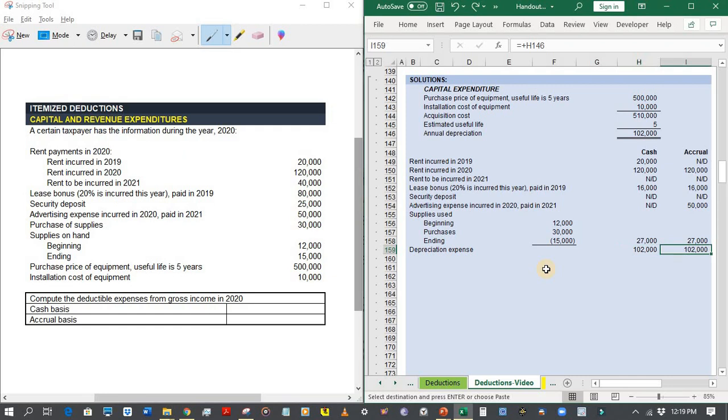Now let us compute the total itemized deductions. If the taxpayer uses the cash method, the total itemized deductions that will be deducted from the gross income is 285,000, while under the accrual method, the amount of deductions is 315,000 pesos. So this is our discussion on the differences between capital and revenue expenditures and the use of cash basis and accrual basis of accounting.